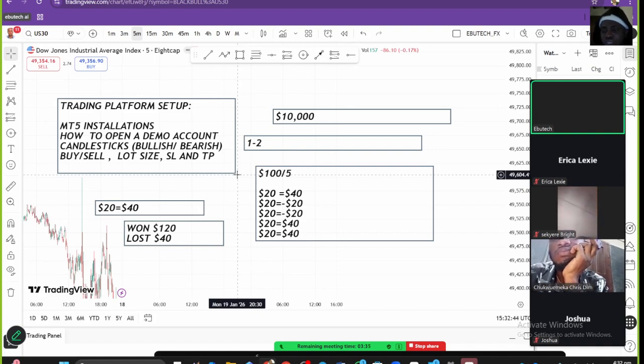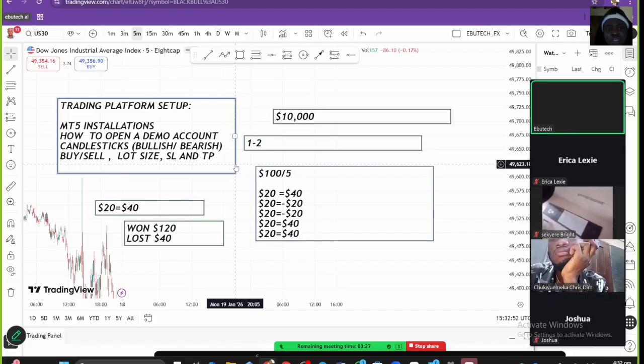We trade consecutively for at least 2 weeks. Then if I see the performance, the best performer, I will give that person a $5,000 challenge account to trade on. So we'll start it like that. At least it will motivate some people, you know.